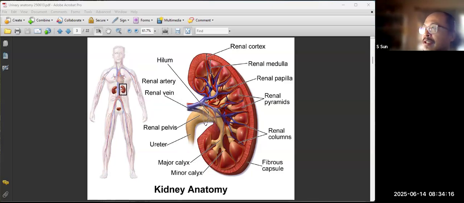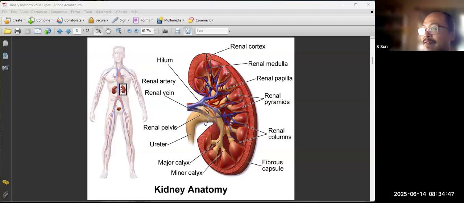Then the renal artery branches out into segmental arteries, and then interlobar arteries, and then goes to the cortical region, and gradually they interact with the kidney structure, and then they filter the blood.